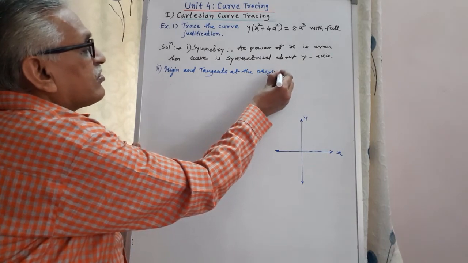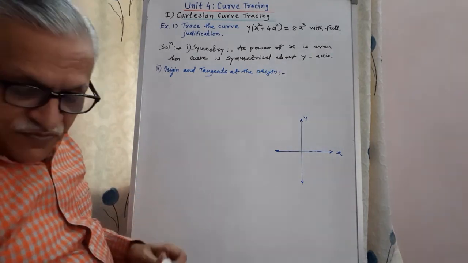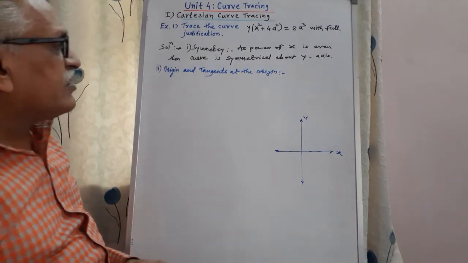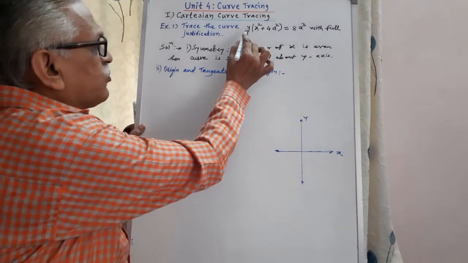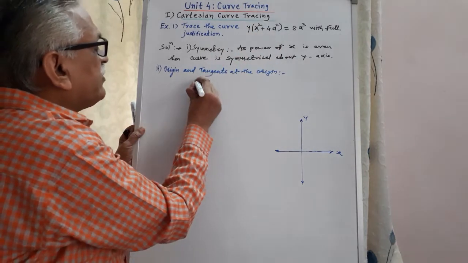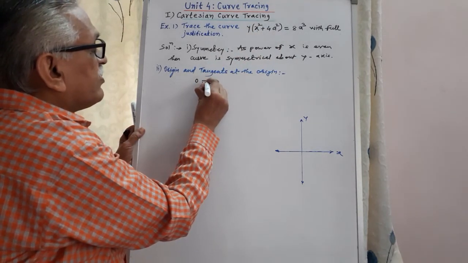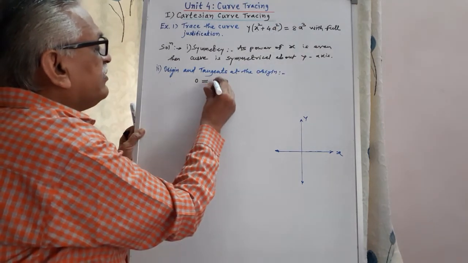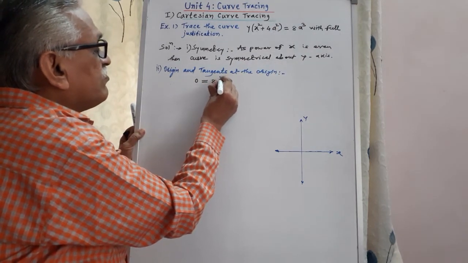Complete the procedure, or check the first step. Put y and x equal to 0. Therefore, if we put y and x as 0, left hand side is 0 and right hand side is 8a cube.